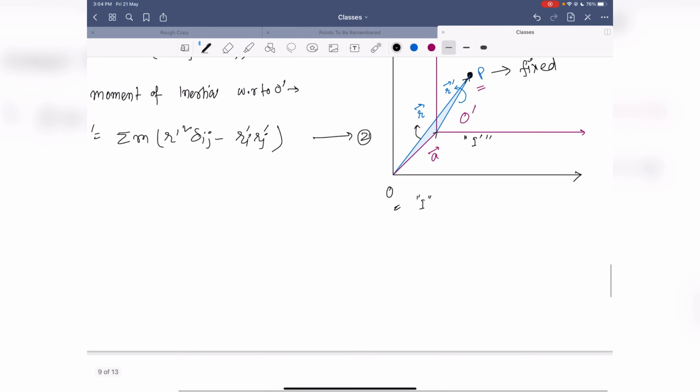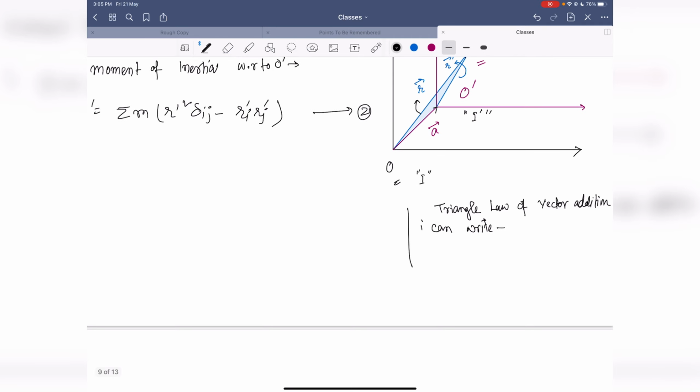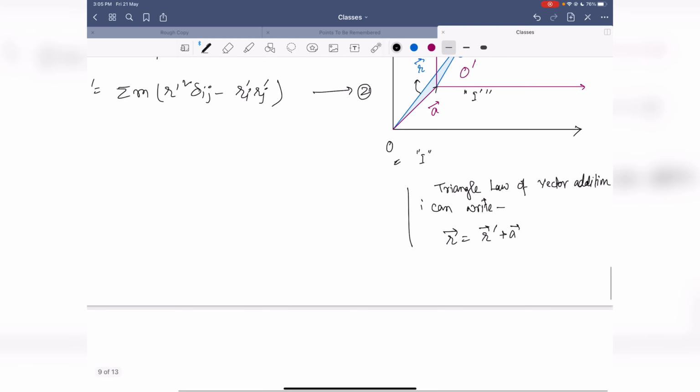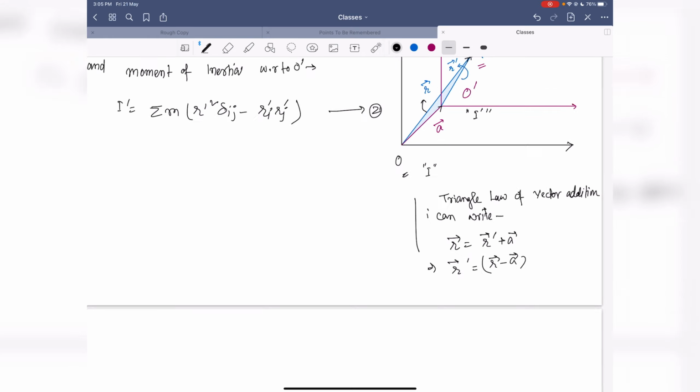By using the triangle law of vector addition, I can write R to be R dash plus a, and R dash to be R minus a. Look simple?